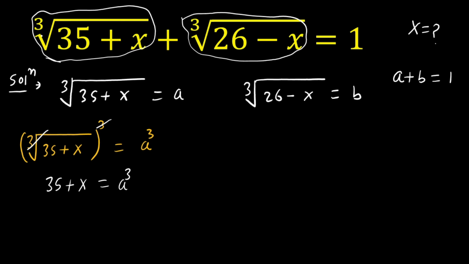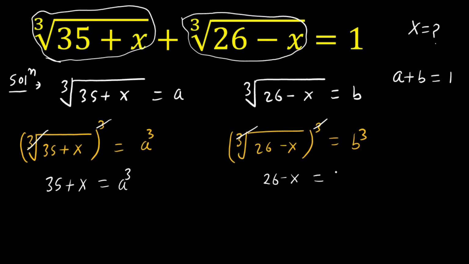Similarly, taking cube on both sides for cube root of 26 minus x, the cube cancels the cube root, so 26 minus x equals b cube. Let us consider this as equation number first and this as equation number second.